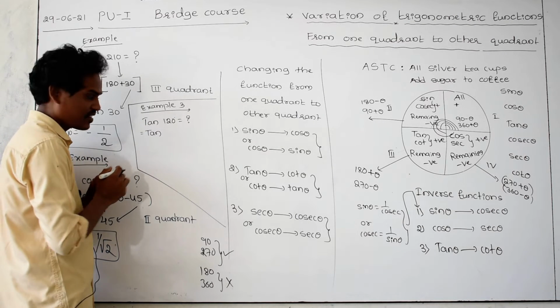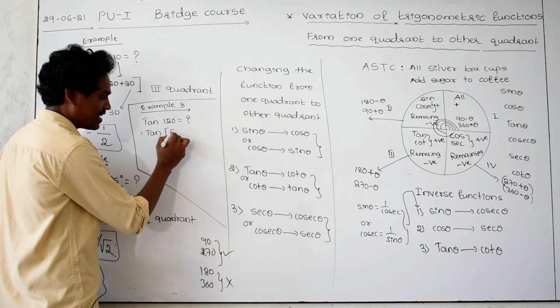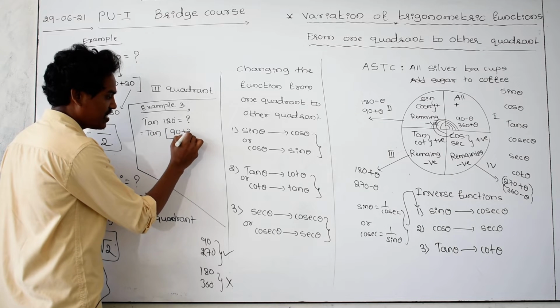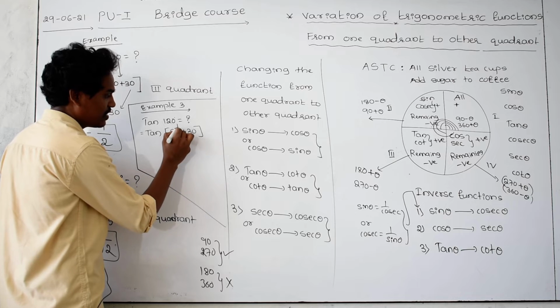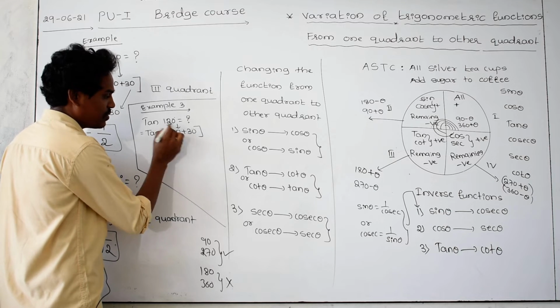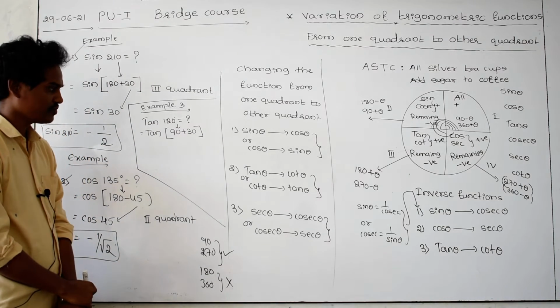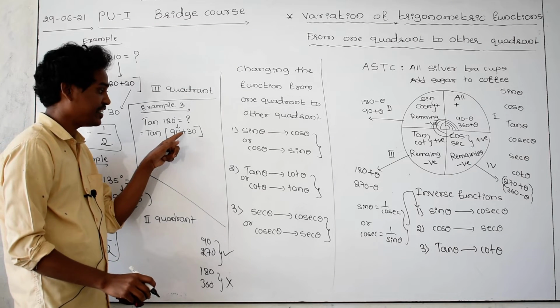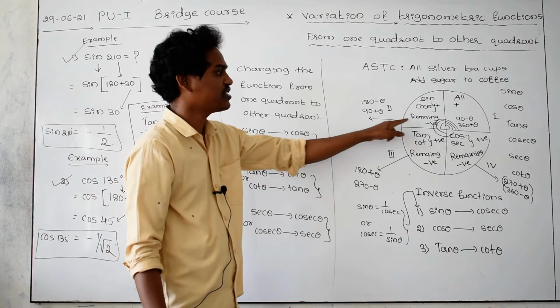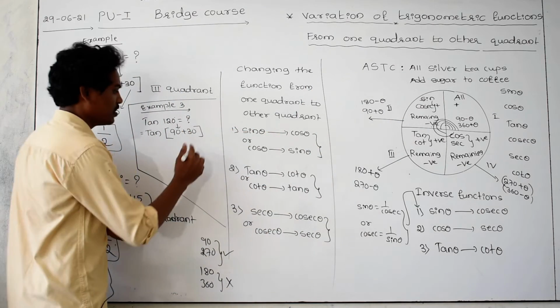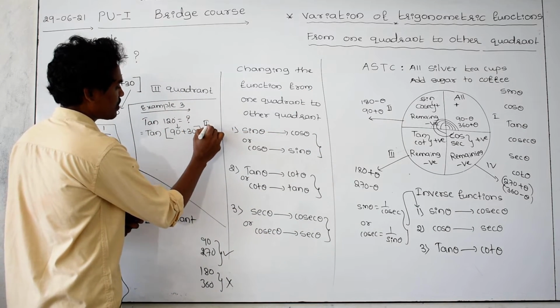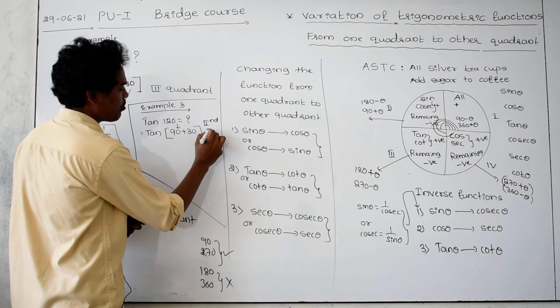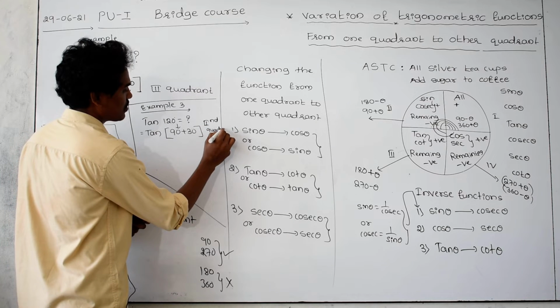120 is there. Can I write 120 as 90 plus 30? Yes, is it right? 90 plus 30 means 120, right? 90 plus theta. Which quadrant? Second quadrant.